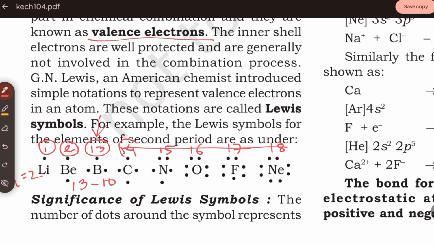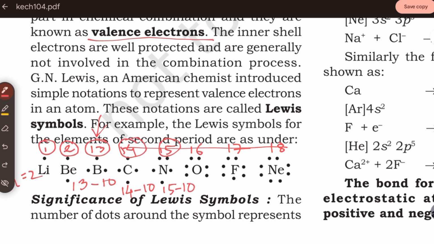So for group number 14 also, the number of valence electrons will be group number minus 10. So 14 minus 10, 4. Group 15 goes the same way. If I say 15, it means 15 minus 10, I get 5 valence electrons.